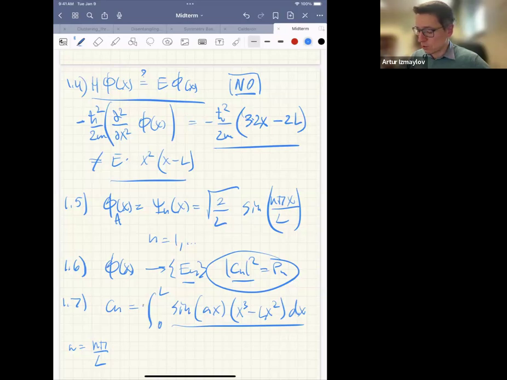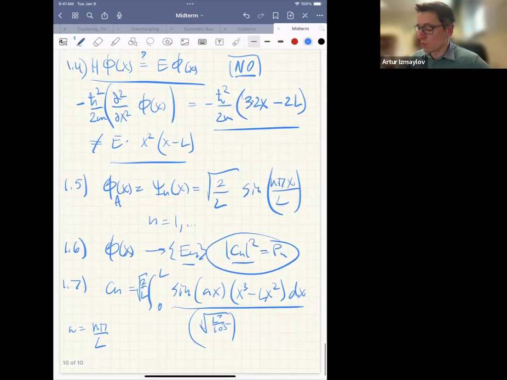For the sine of ax, you have a constant 2 over L, and for this one, you have a constant which is divided by L to the 7, 105, right? So that's another constant that one needs to take into account.